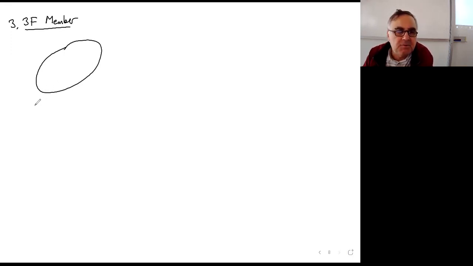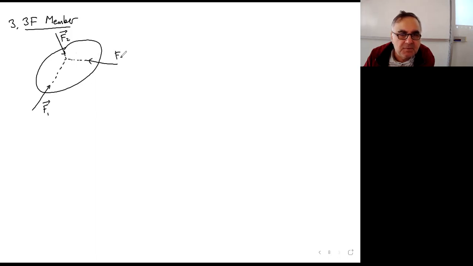So the three forces must be, let's say this is F1, this is F3. Now, as you can guess, these forces have to eventually meet at a certain point.